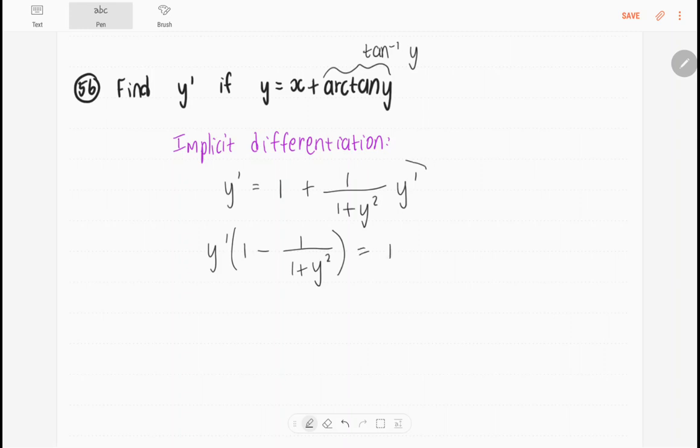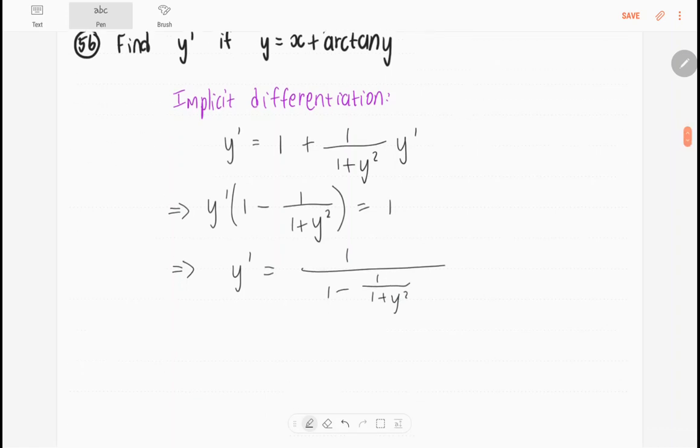All I did was take this term to the left-hand side and take out a common factor of y prime. So if I make y prime the subject, it's going to be y prime equals 1 over 1 minus 1 over 1 plus y squared.